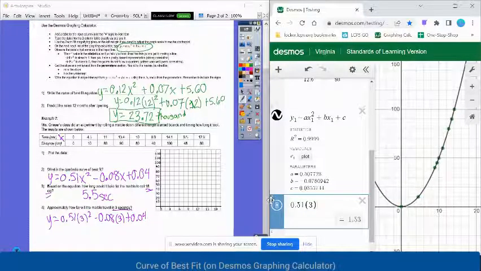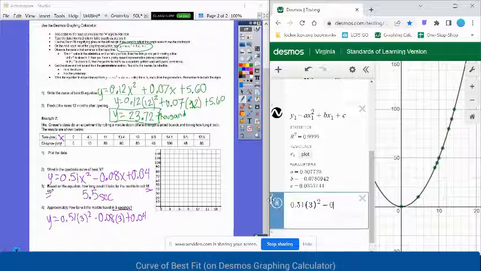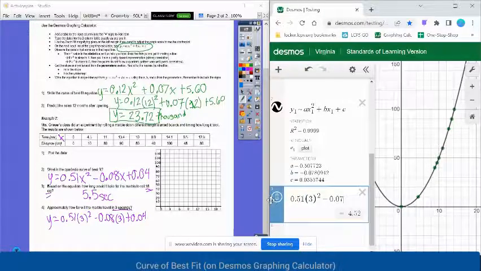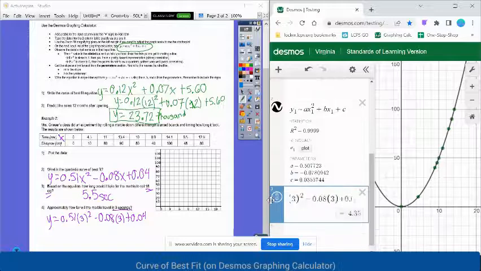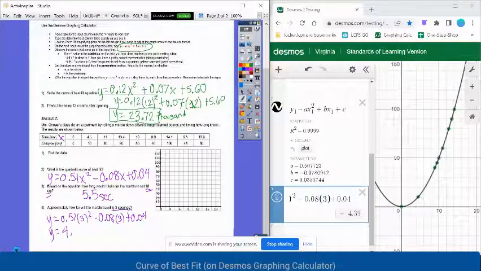Oops. 3 squared minus the 0.08 times 3 plus 0.04. So how far is that marble going? About 4.39 centimeters would be the answer to that.